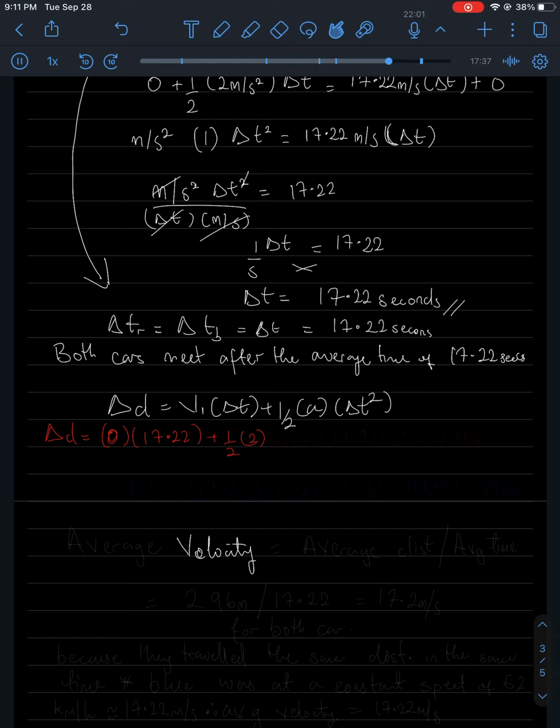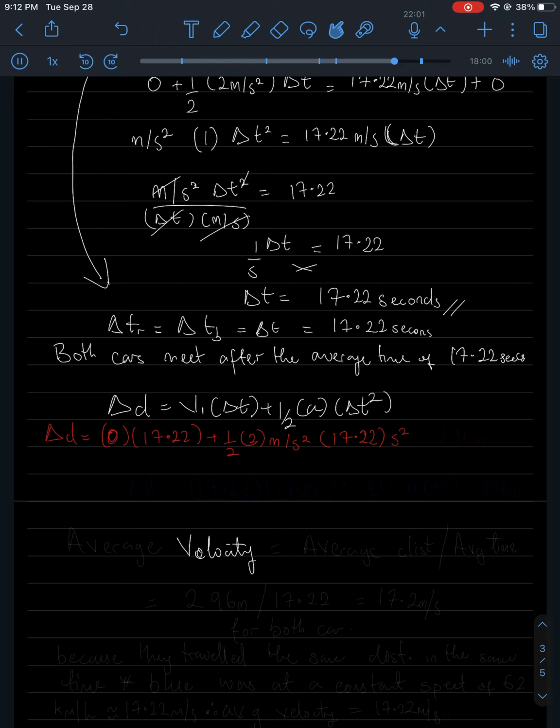So here we have a final 0, because we have a 0 there. And I have 1/2 times 2 meters per second squared, and the change in time squared. So we know we have time squared, so this is going to be s squared.